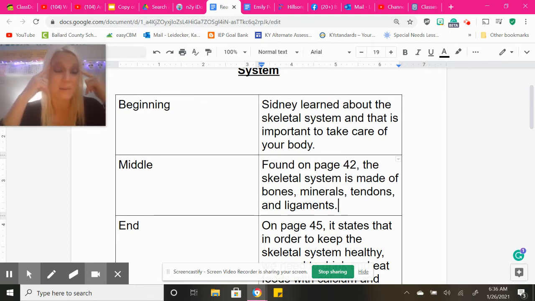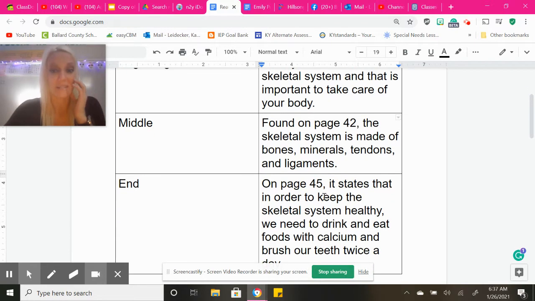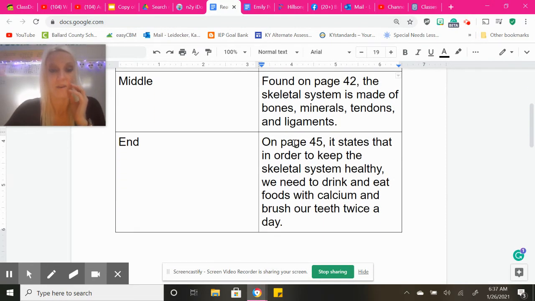I didn't just make it up out the top of my head. I found it on page 42. So I know that happened in the middle of chapter 5. And then for your end here, I have on page 45, it states. So I'm telling you, I found this answer on page 45, and this is what it says.